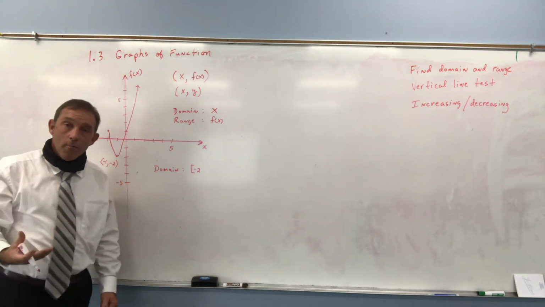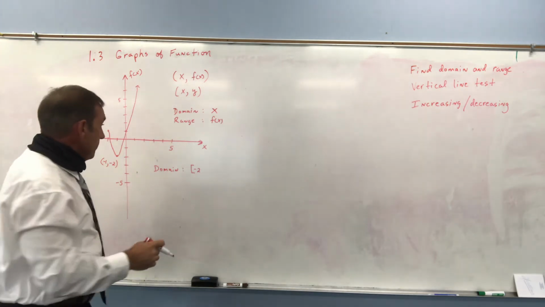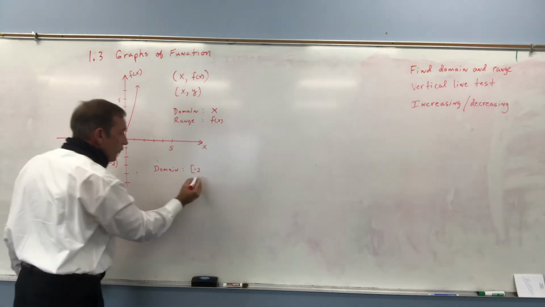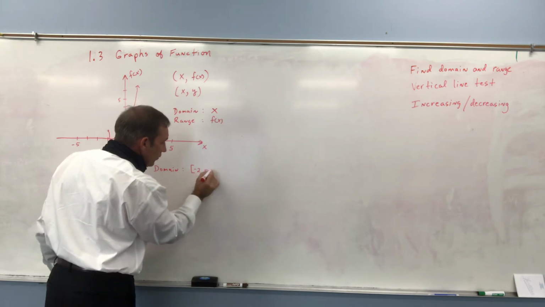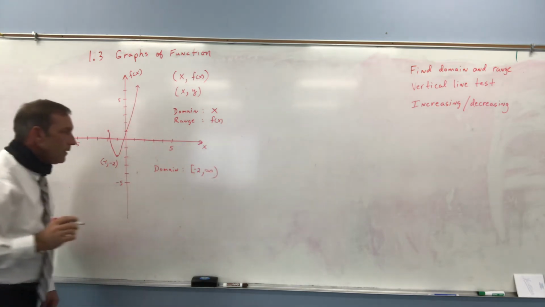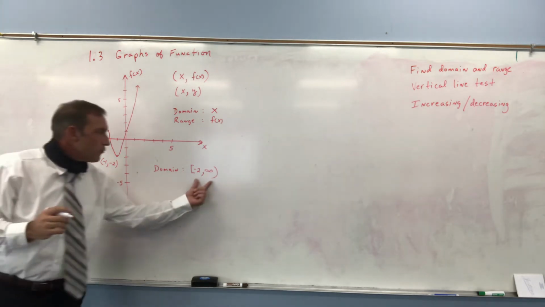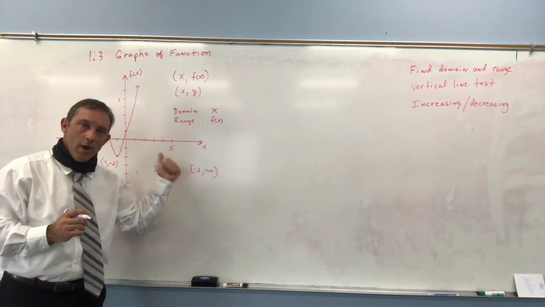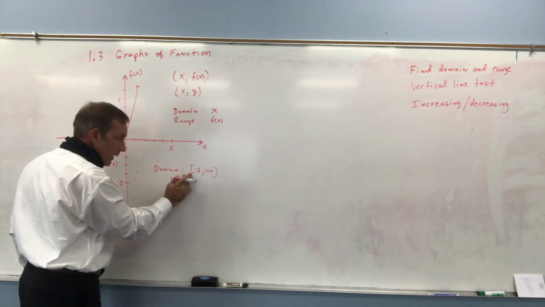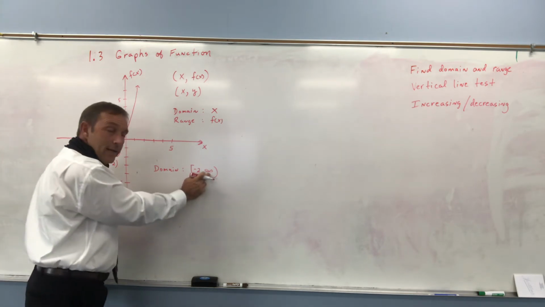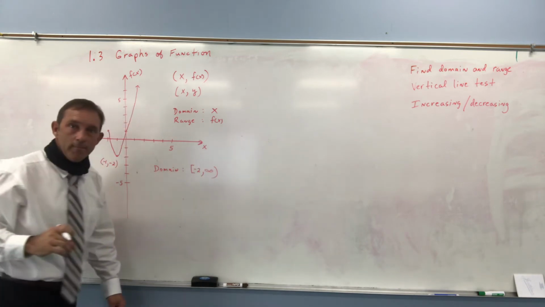So it's part of the domain. So it goes forever this way, so to infinity. And that would be how we would describe the domain of this graph. From -2 and including -2, all the way to positive infinity. Okay?